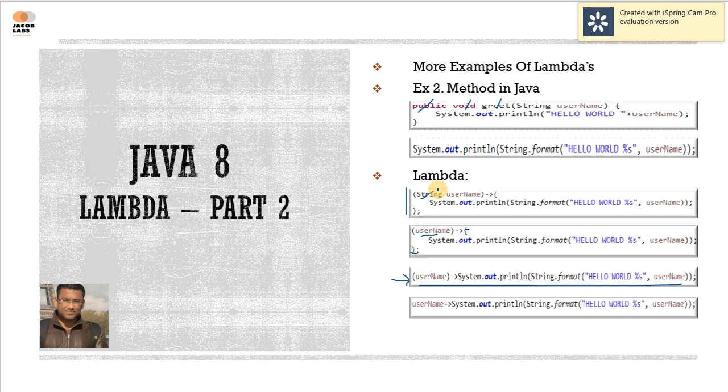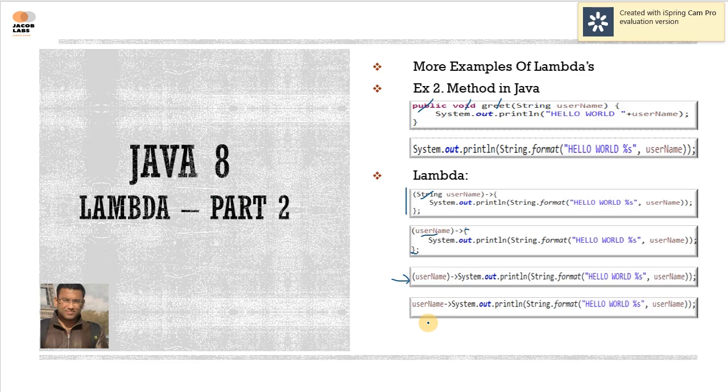That leads us to the next rule, which is if a lambda has only one argument, we can remove the parentheses too. So friends, the rule is quite simple. If the argument to the lambda is just 1, we can remove the parentheses.